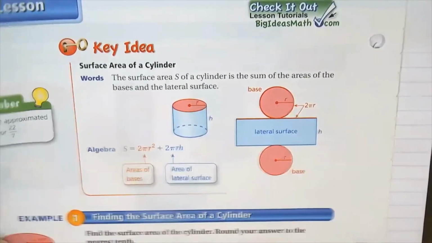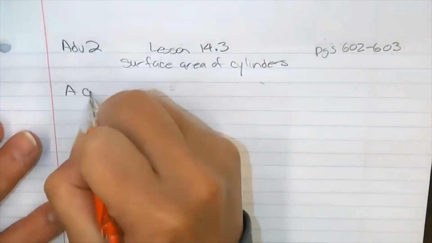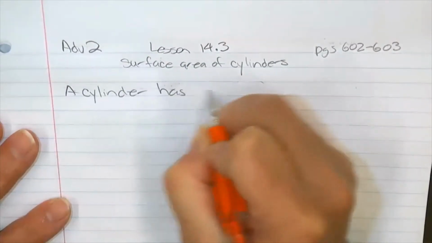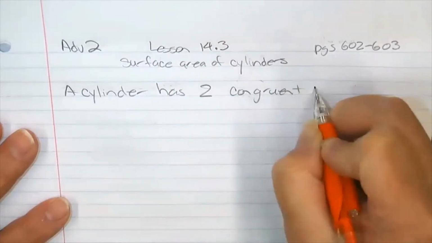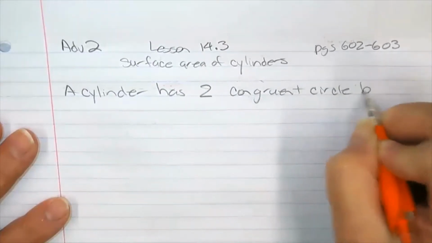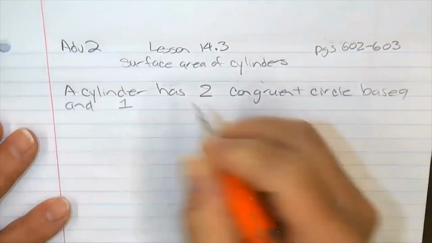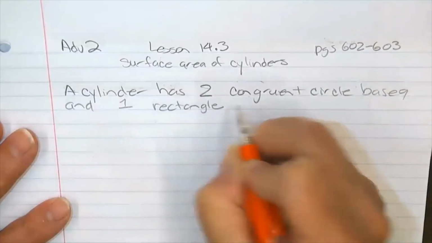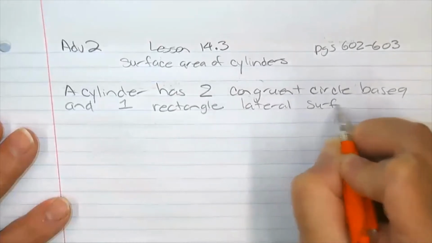Okay, so let's talk about some of the nuts and bolts of cylinders. A cylinder has two congruent circle bases and one rectangle lateral surface.